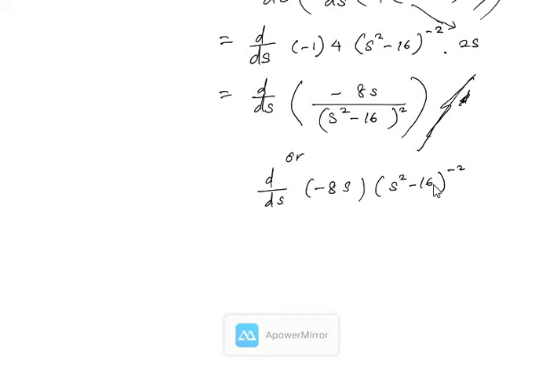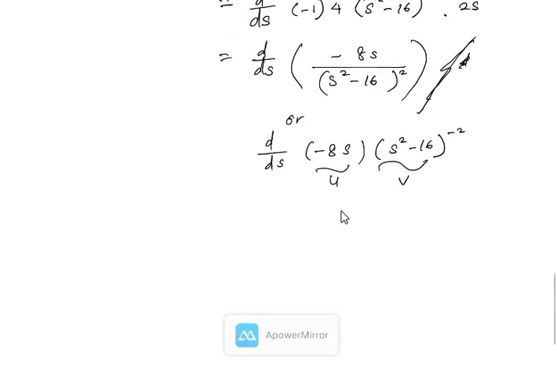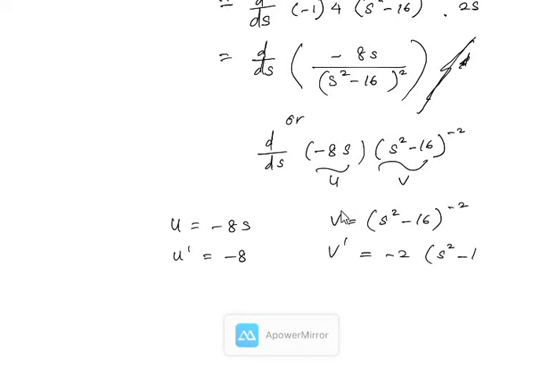So I write it in this way. I assume this one is u. I assume this one is v. So u is equal to negative 8s, and u prime equal to negative 8, and v equal to (s squared minus 16) to the power of negative 2, and then v prime is negative 2 (s squared minus 16) to the power of negative 3.